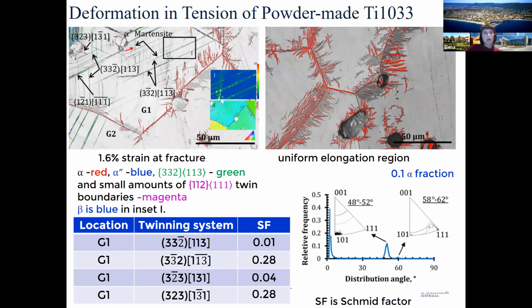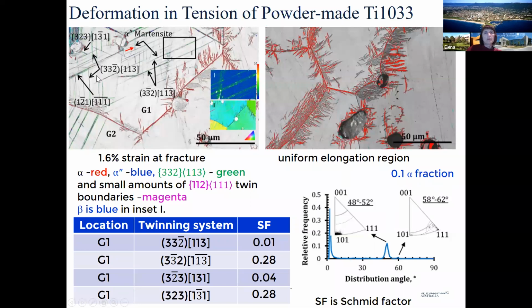Let's go back to our studies on titanium, 10 vanadium, 3 iron, 3 aluminum alloy. Here we have a joint operation of several deformation mechanisms. So in addition to {332}<113> twins, we also have formation of {112}<111> twins and alpha double prime martensite.